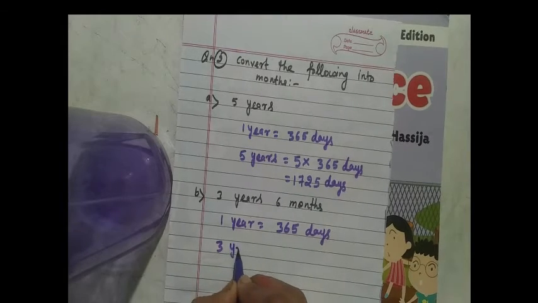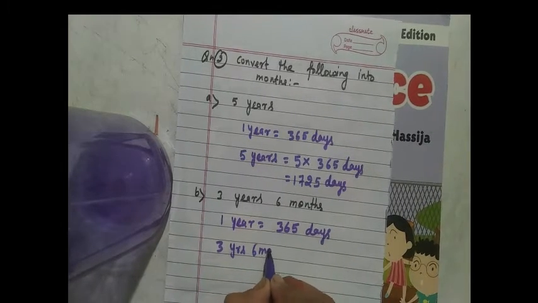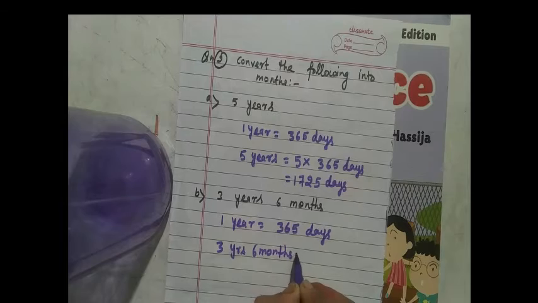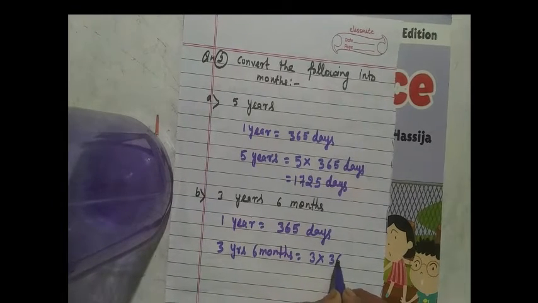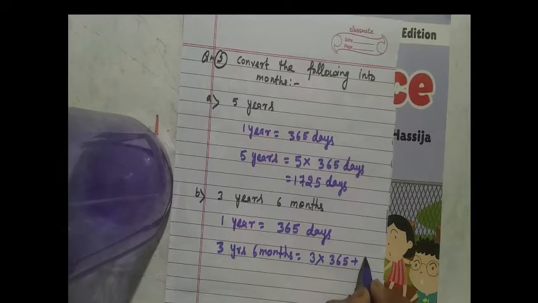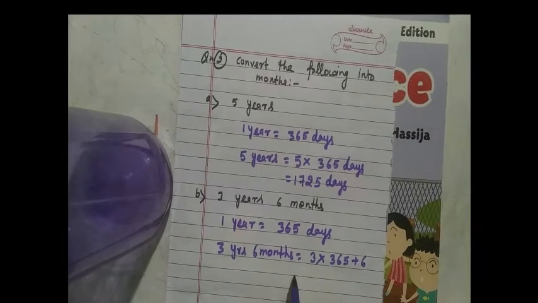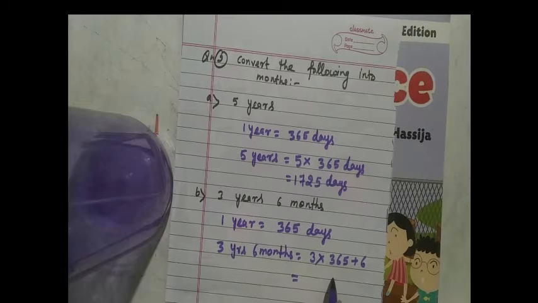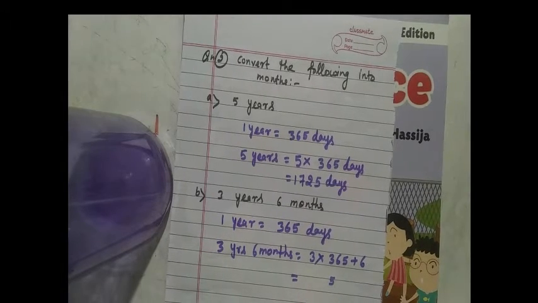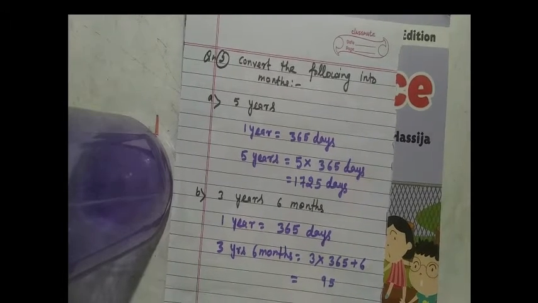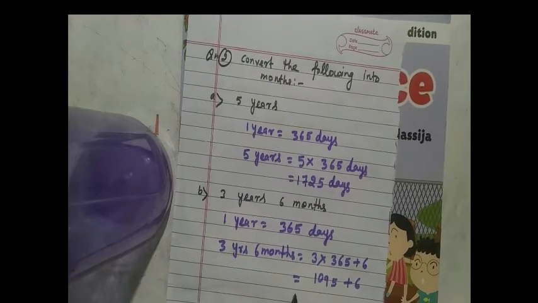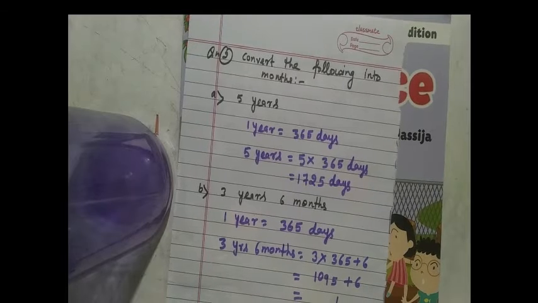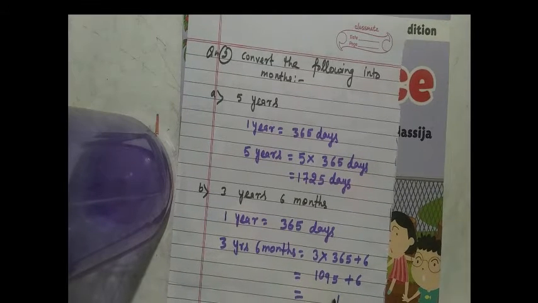Multiply and add 6. So 1,101 days. What is the answer? 1,101 days. Clear? I hope it is clear for you.